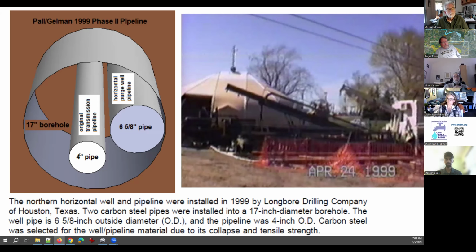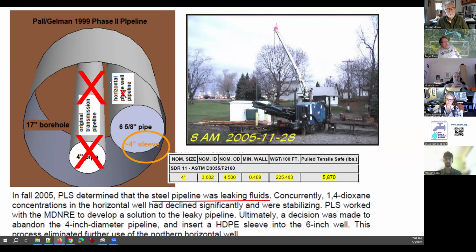So they shut down the transmission pipeline and relined it with a fiber-type material, more than a half mile long. This is what's there now. The original transmission pipeline was terminated.